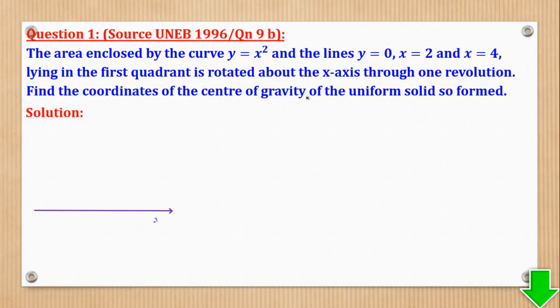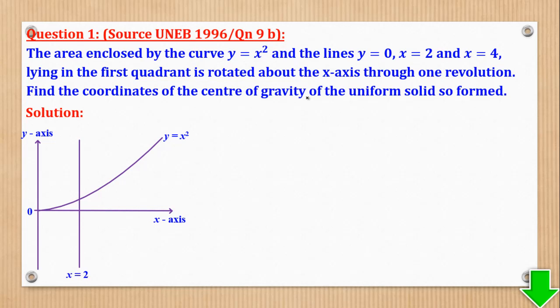So I need to make a sketch of the curve and the ordinates x equal to 2 and x equal to 4, and that would be the area. When you rotate, it goes also downwards, and this is a small change in x.